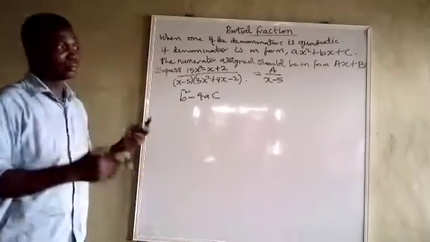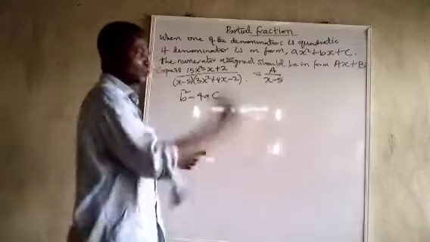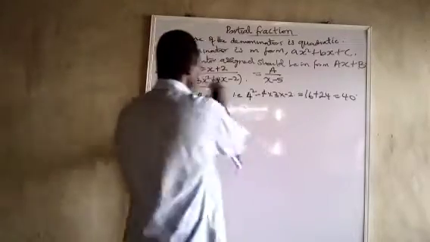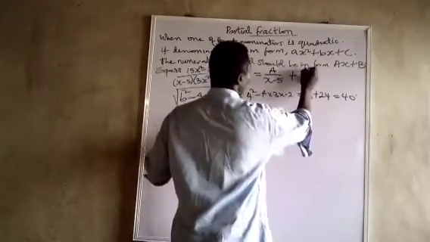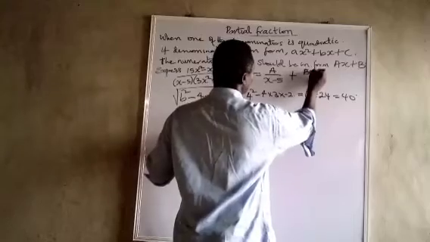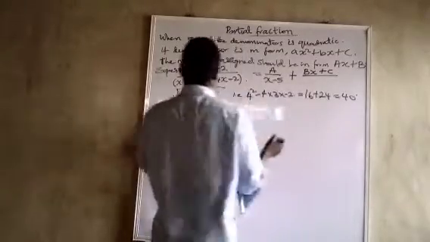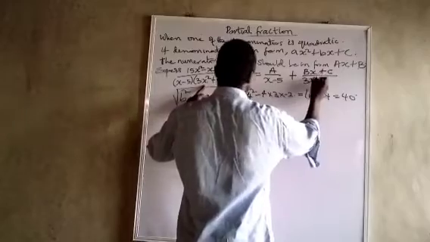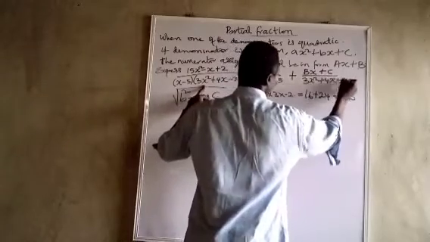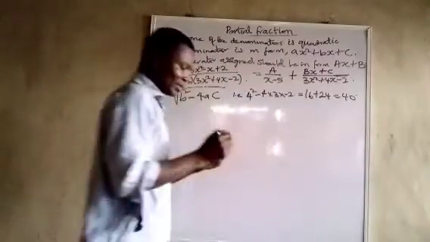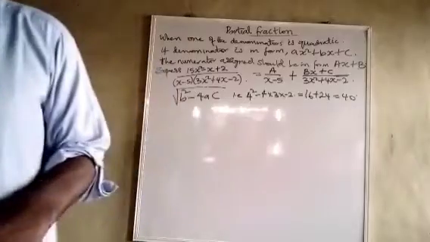So we are going to have this one to be bx plus c. You can see this one's power is lesser than this, so it's going to be over 3x squared plus 4x minus 2. You can see, very simple and straightforward.